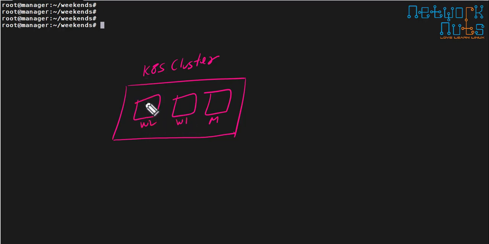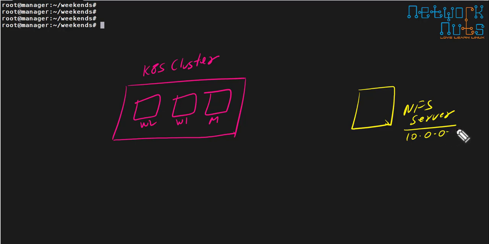Obviously they will be connected somehow, and somewhere in the data center I have an NFS storage. So this is my NFS server here, and suppose the IP address of this is 10.0.0.99, which in my case is the IP address on my NFS server.